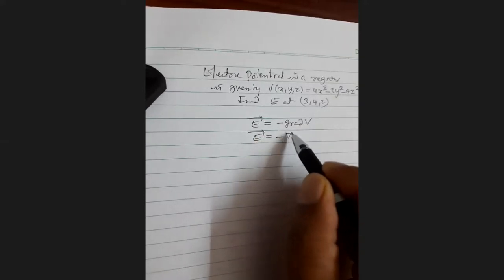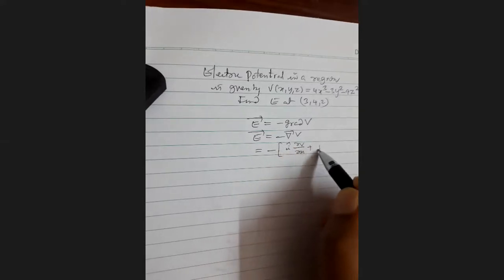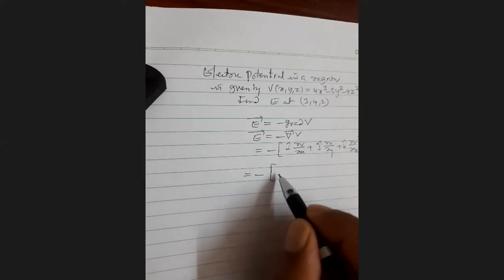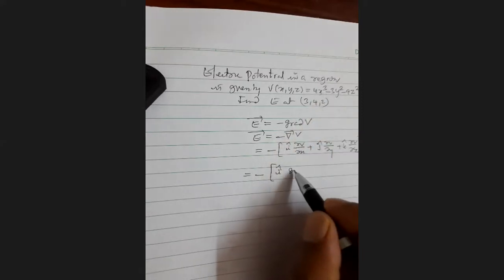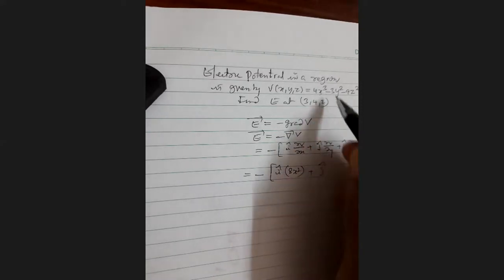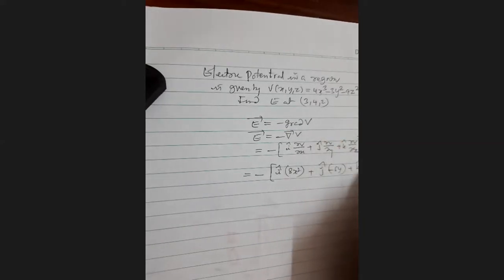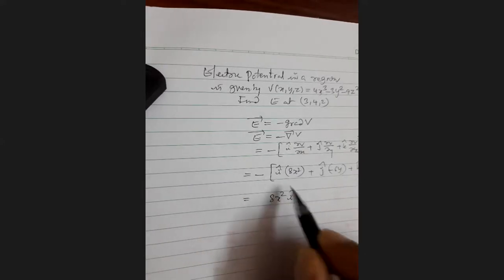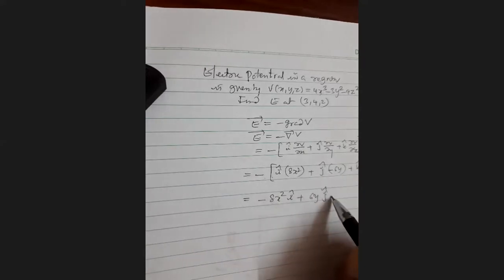E bar equals minus del bar V, which equals minus [i cap ∂V/∂x plus j cap ∂V/∂y plus k cap ∂V/∂z]. That equals minus [i cap times ∂/∂x of this, that is 8x², plus j cap times ∂/∂y of this, minus 6y, plus k cap times ∂/∂z of this, minus 18z].